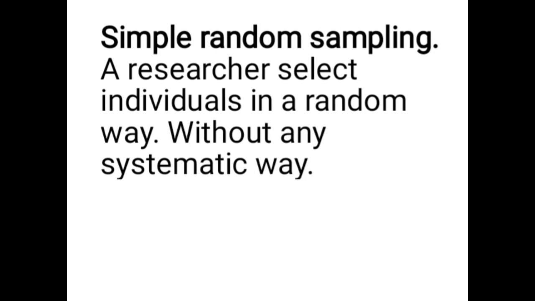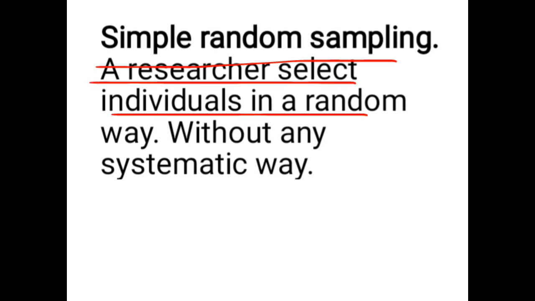Now, to start with simple random sampling, what does simple random sampling method mean? This is a type of probability sampling in which a researcher selects individuals in a random way without any systematic way.